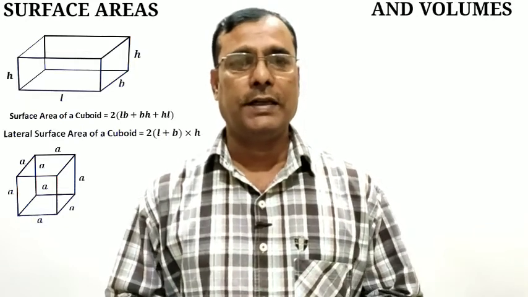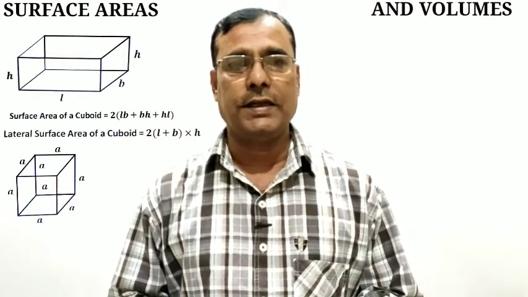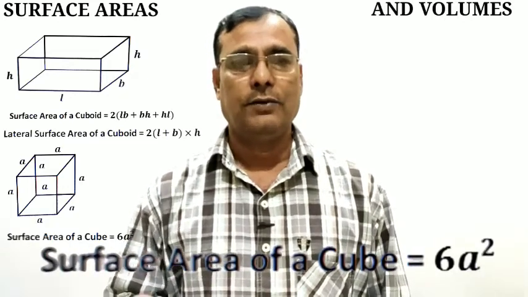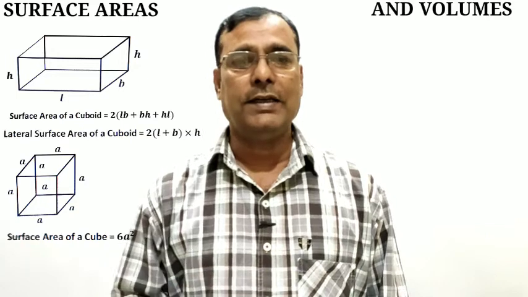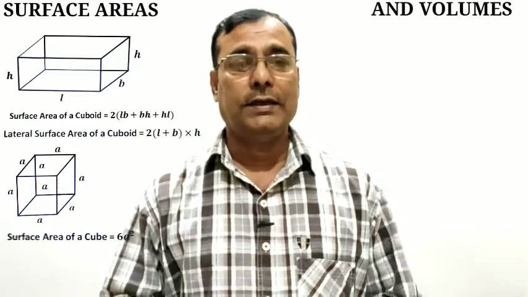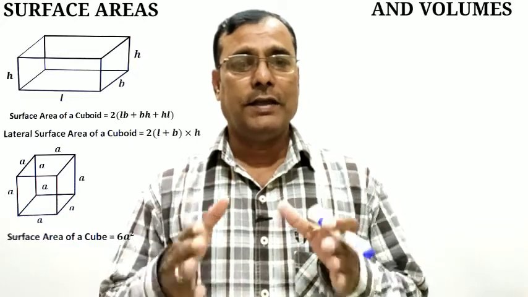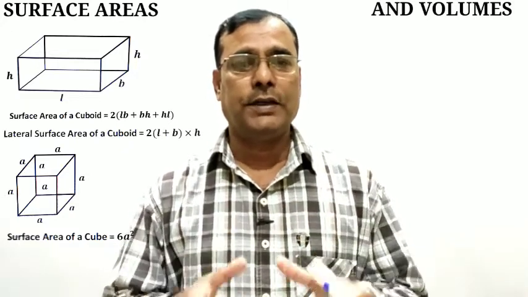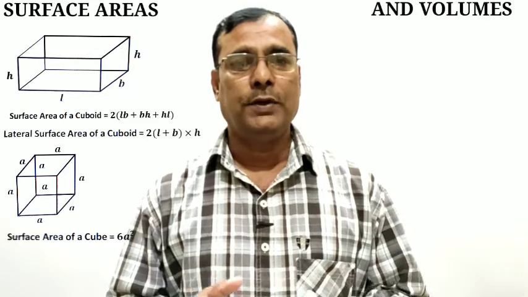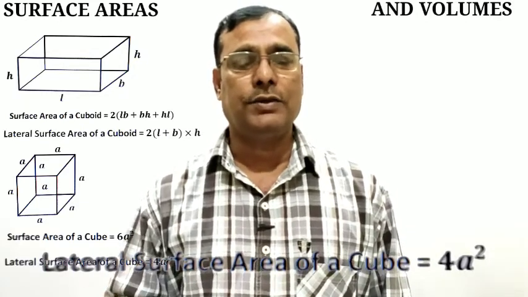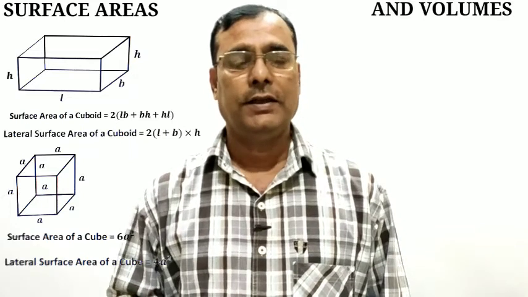So the total surface area of a cube is equal to 6a square, where a denotes the side or edge of the cube, and the lateral surface area, or area of four vertical walls of a cube, is equal to 4a square.